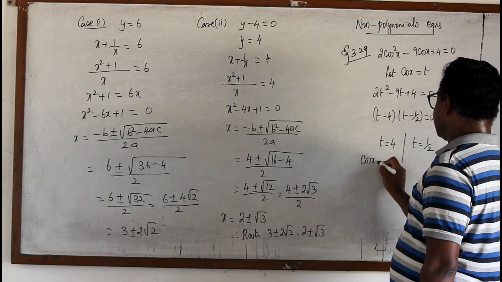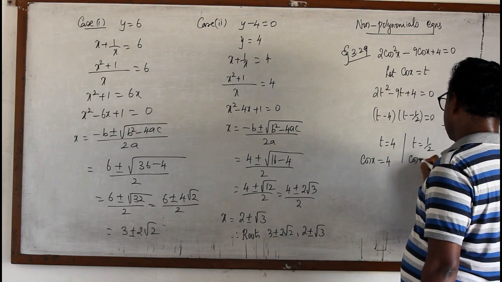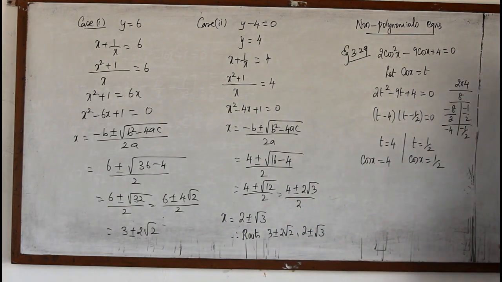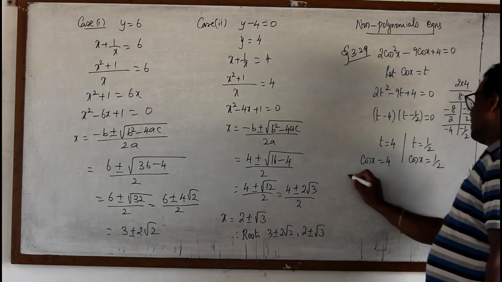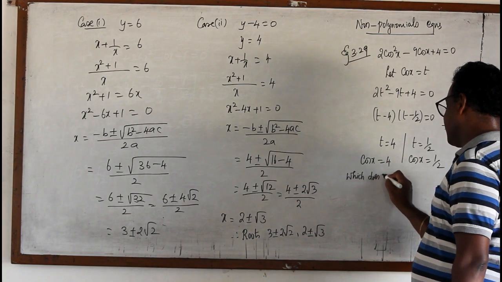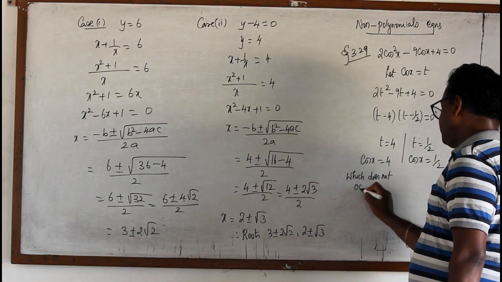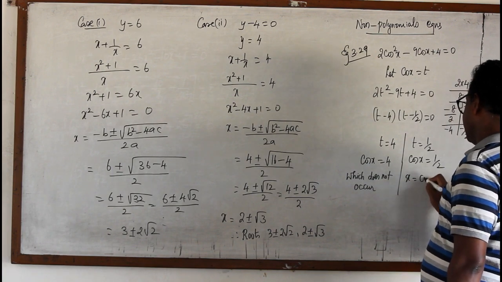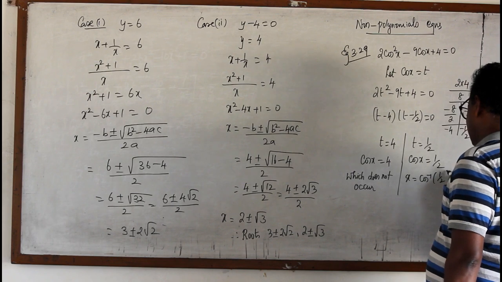T means cos x equal to 4 or cos x equal to 1 by 2. The maximum value of cos is 1 only, so it won't become 4. This is not admissible, which does not occur. So cos x equal to 1 by 2 means x equal to cos inverse of 1 by 2.